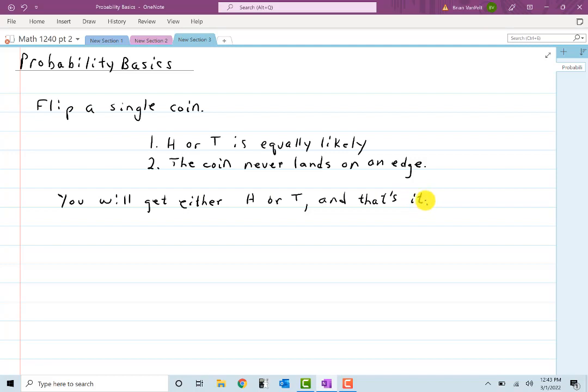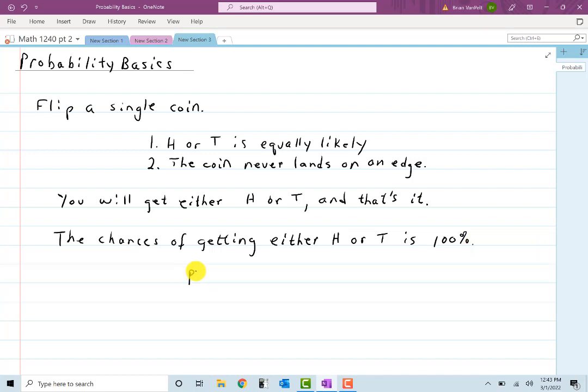In fact, the chances of getting either heads or tails, so I'm using the phrase or, is 100%. When you flip a coin, you are going to get heads or tails, and so there's no question that the total of all those possible outcomes is all the possible outcomes.